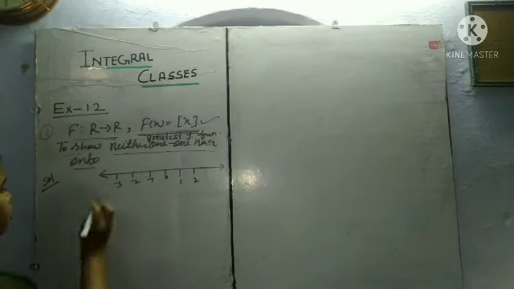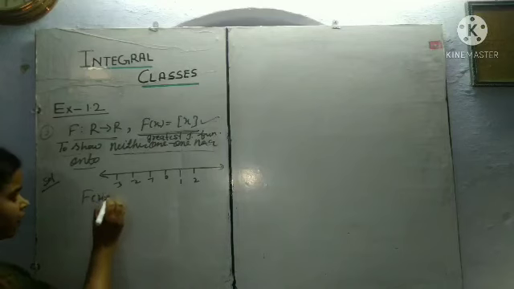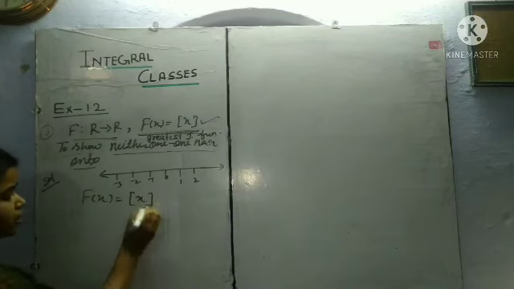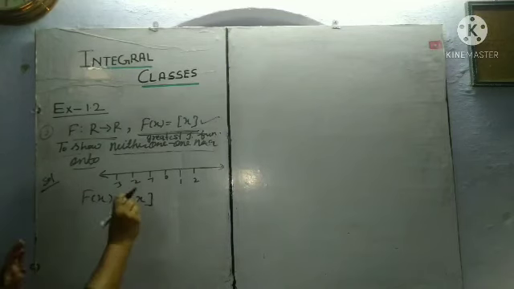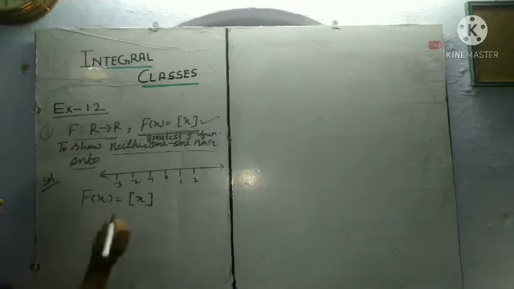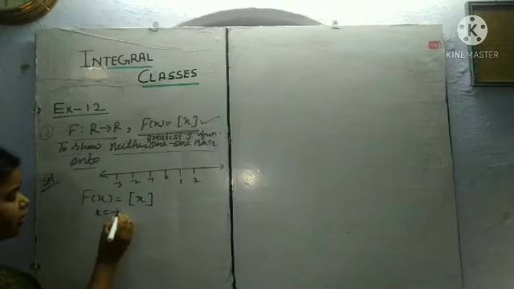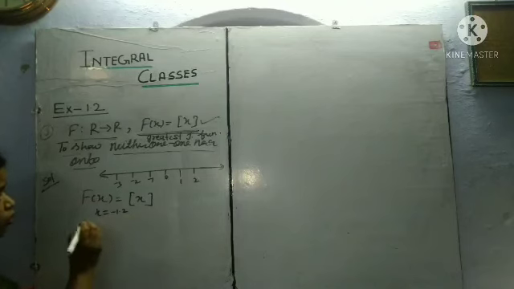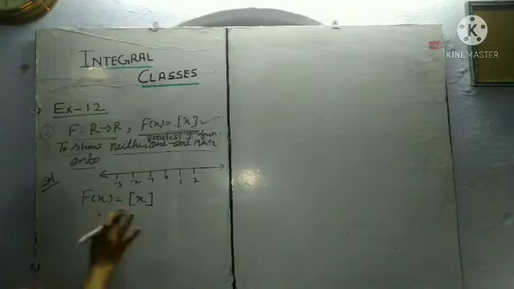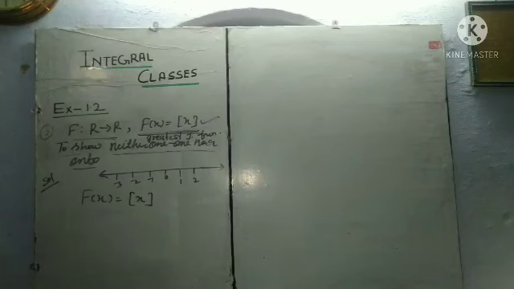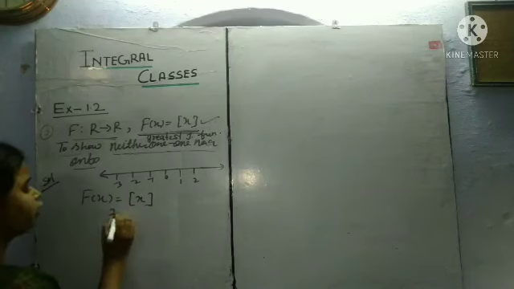So student, you know that the function f(x) = [x] means if we put any value, then we will get the greatest integer. Suppose we take x equals -1.2, or suppose we take 5.6 or 2.3.